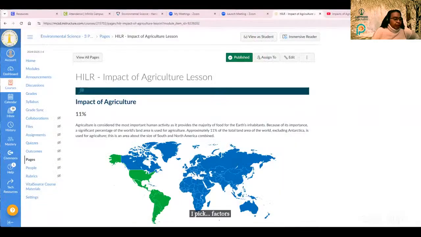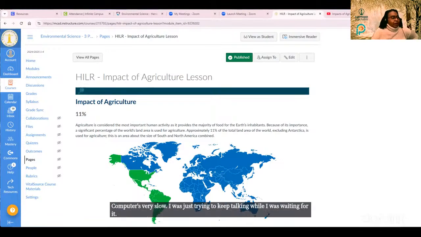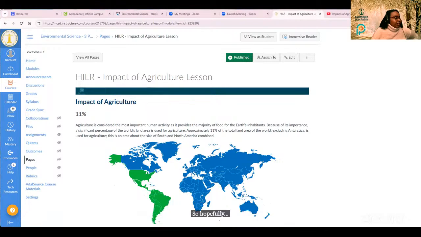And yes, I know it takes a minute. My computer is very slow, but I was just trying to keep talking while I was waiting for it. So hopefully it's not black anymore and you can see where we are. So we're in Canvas.